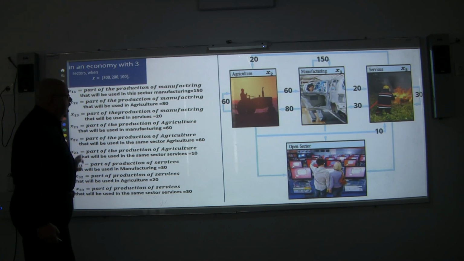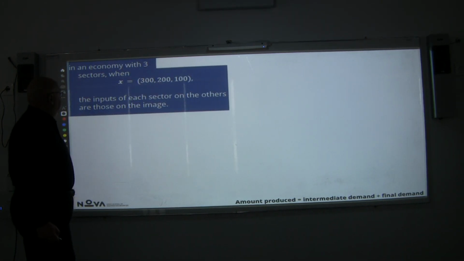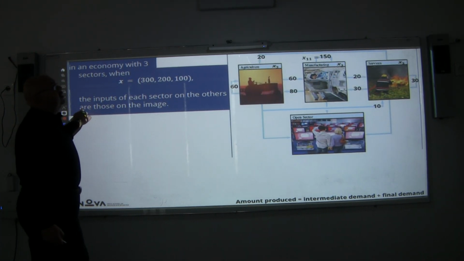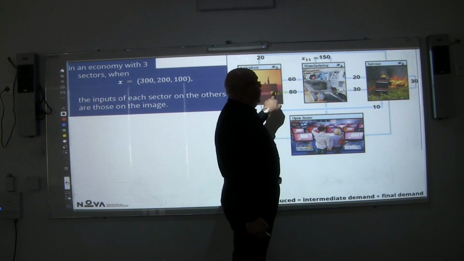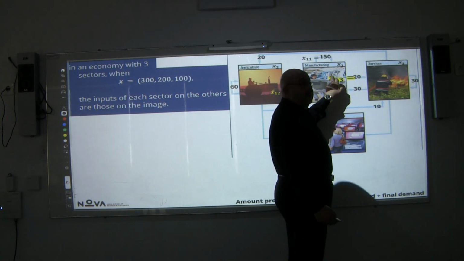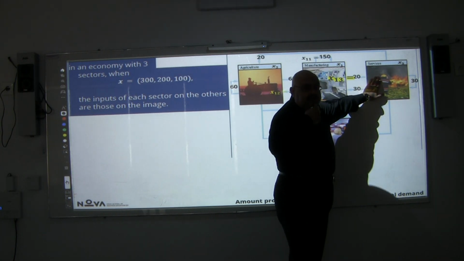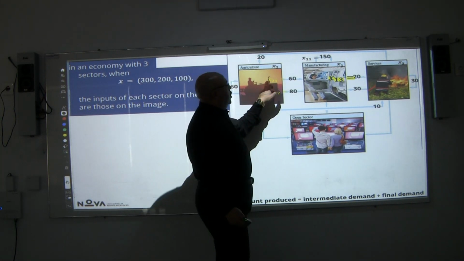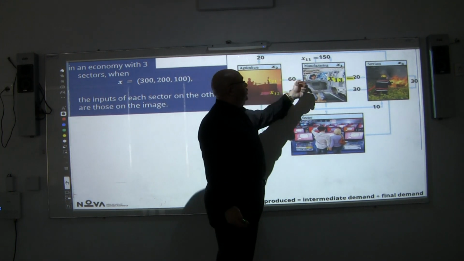Now, from all of this, I can write the technological or technical coefficient matrix. The inputs of each sector into the others are those in the images. This is X11, X12, which goes into agriculture, and X13, which goes from the manufacturing sector into services. Now go to X2. This is X21, the amount that goes from agriculture to feed manufacturing.